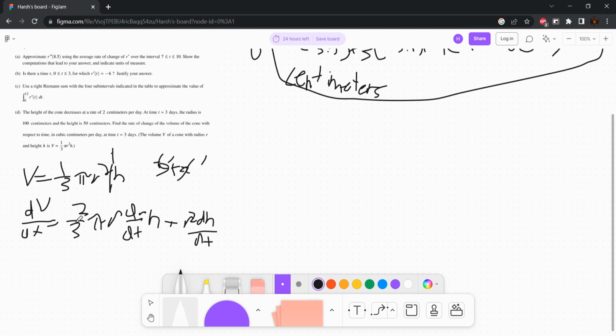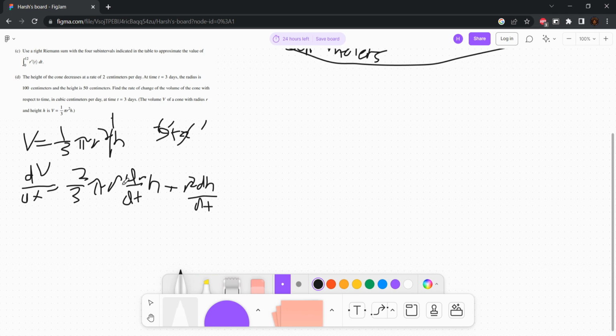We already have f, and then g prime is dh over dt, plus h times f prime, which is right here. I just did the order in reverse, but it's pretty much just product rule, and then you have dV over dt there. Then you just use all the constants that you already have.